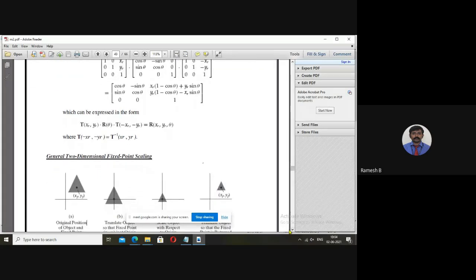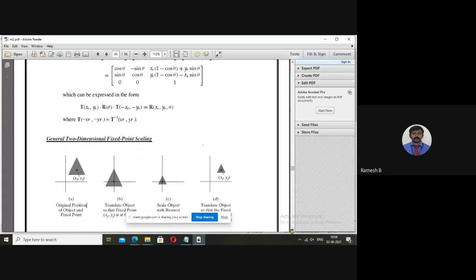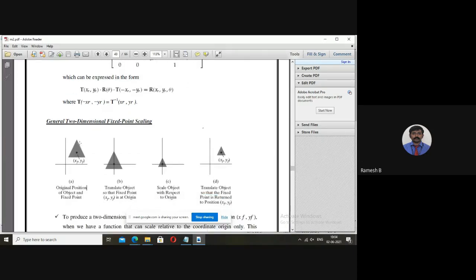Now it is fixed point scaling. We are scaling this triangle, reducing its size with respect to the origin. First we translate the triangle to the origin, then we reduce the size by scaling, as in the third figure C. Then we move back, doing the inverse translation.